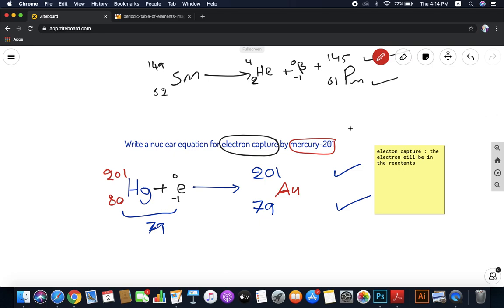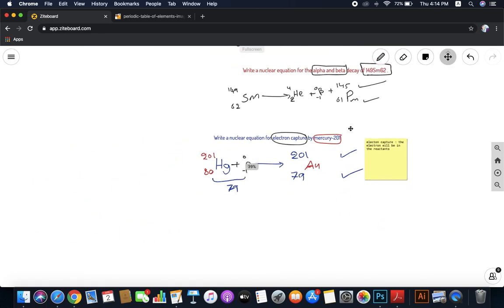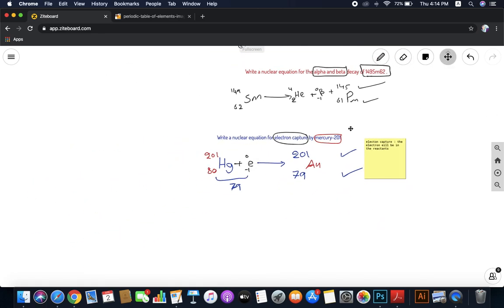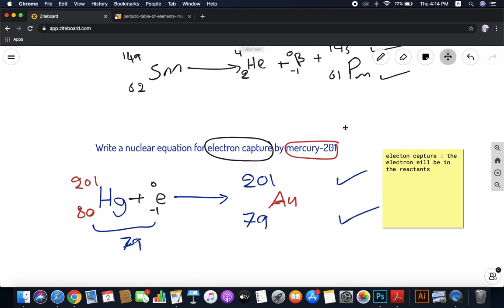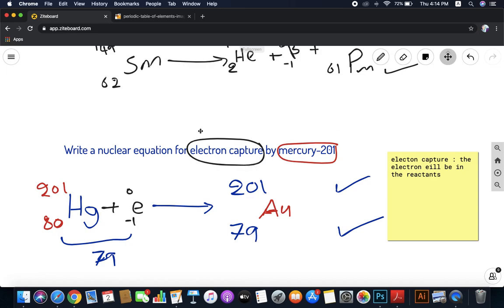Now the nuclear equation always depends on the conservation of mass law. Electron capture in the reactants, the rest will be in the products. Now, why does the nuclear equation or the nuclear reaction happen?